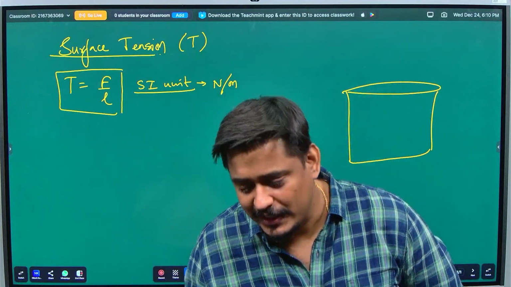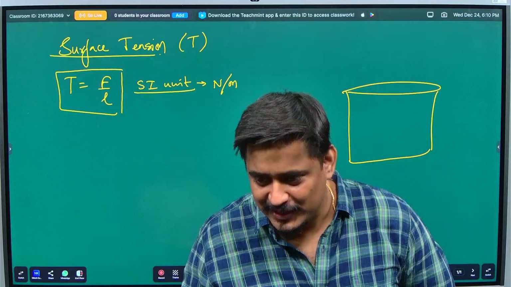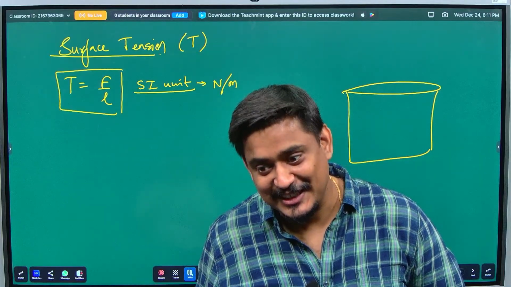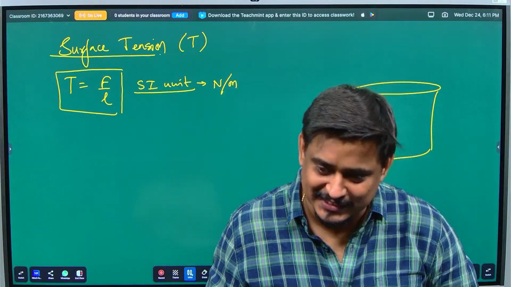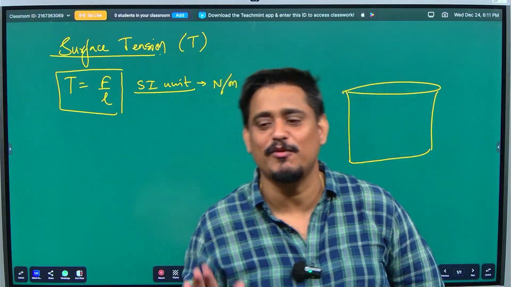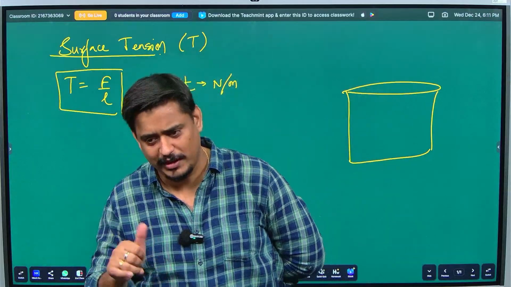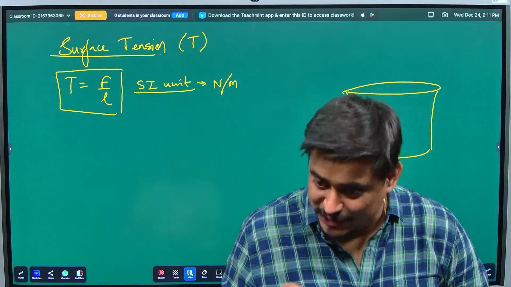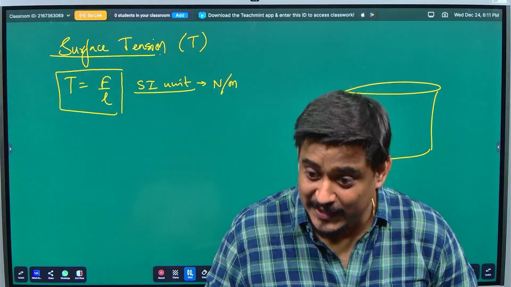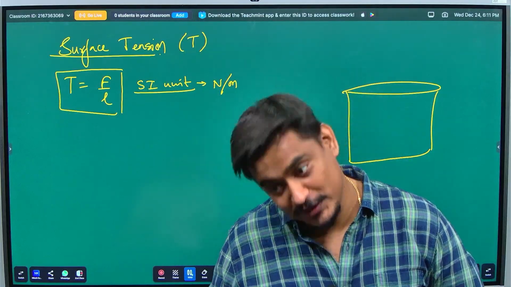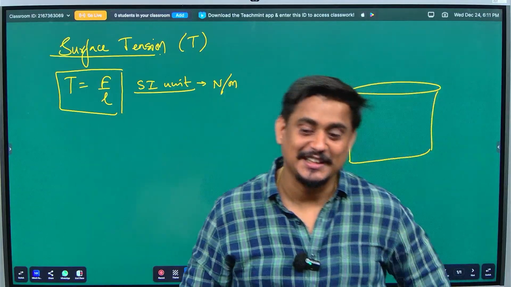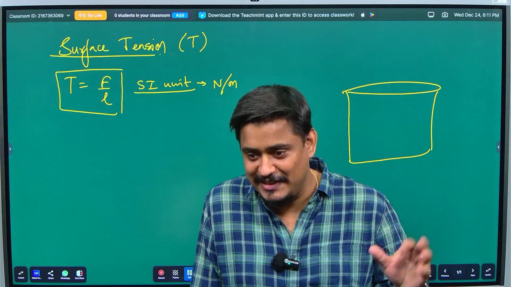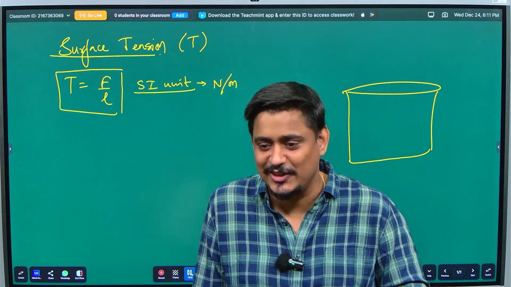Sink. Why? Because of larger density than water. Density of steel is more than density of water. That's why it will sink. Okay, I agree. Density is not depending upon mass.